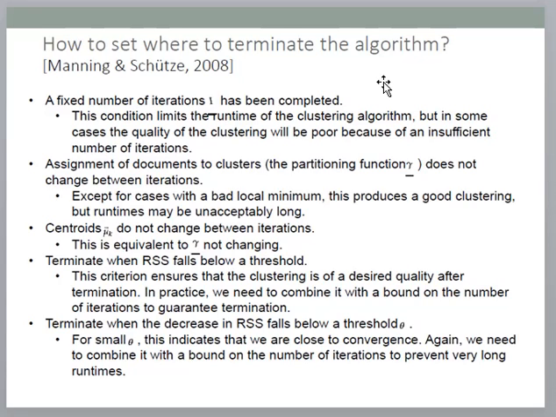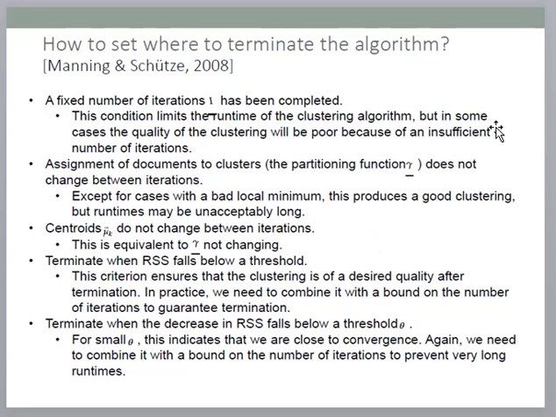So if you choose this terminating criterion, in most situations it gives good results. But if your algorithm gets stuck in a local minimum, and you know now what a local minimum is, I showed you a graph in which we have a local minima and global minima.